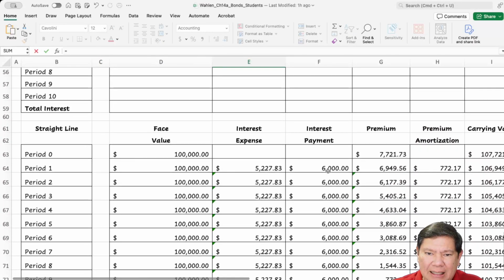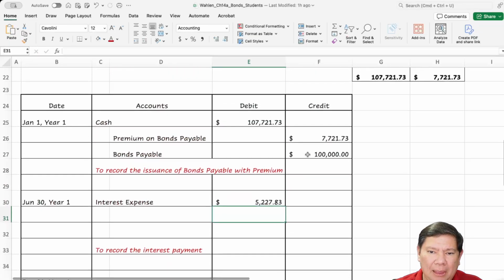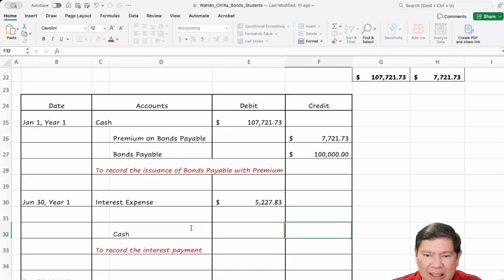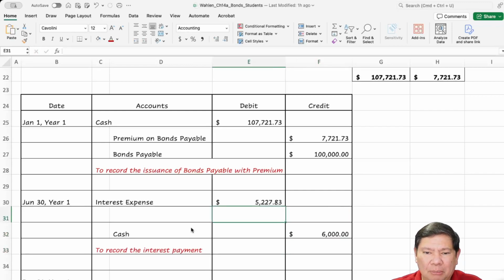Now, when we pay the interest, we are going to recognize interest expense, which is this column here, 5,227.83. And then we pay cash for the $6,000 that we promise every 6 months. The difference is the amortization.